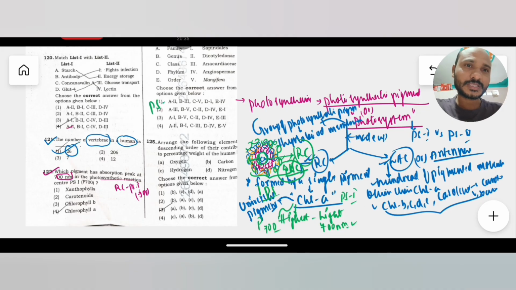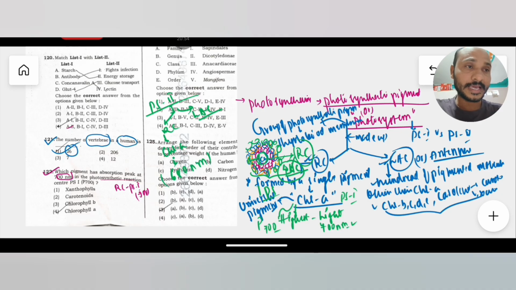Now coming to photosystem 2, there also we have a reaction center and light harvesting complex. This reaction center is always made up of chlorophyll A, and this chlorophyll A has maximum absorption at 680 nanometer. Very important.